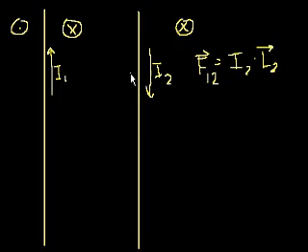This is going to be a vector because it's a magnitude of length and a direction. It goes in the same direction as the current. So that is L2, from here to here. Cross product that with the magnetic field created by 1.